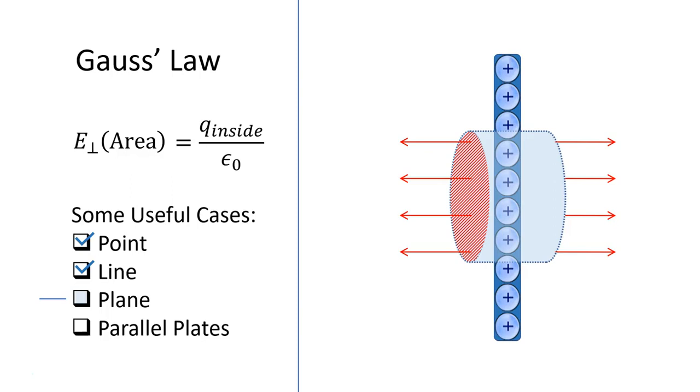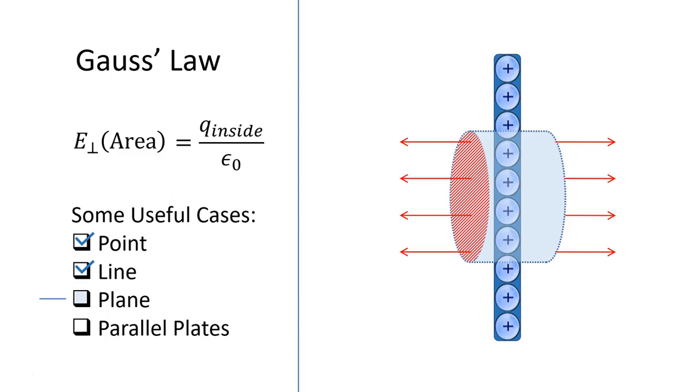So whatever the area of this cross section is, that times E on one side, and another electric field times area on the other side. So that's 2 times electric field E times the cross-sectional area A. That would equal 1 over epsilon 0 times the charge inside. The charge inside is the surface charge density sigma times that cross-sectional area.